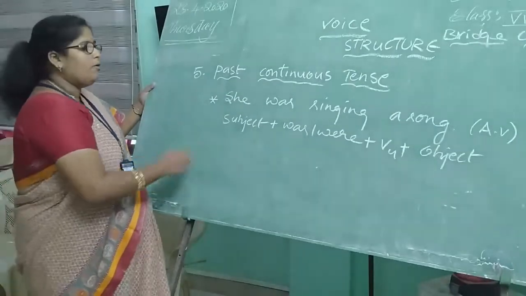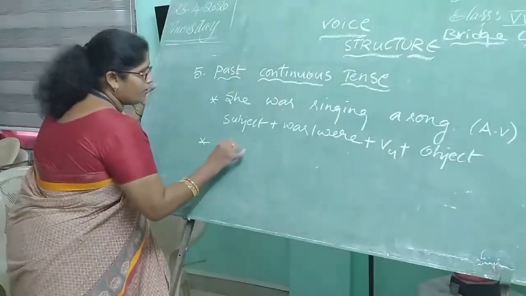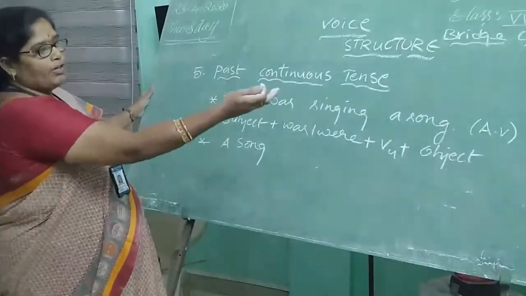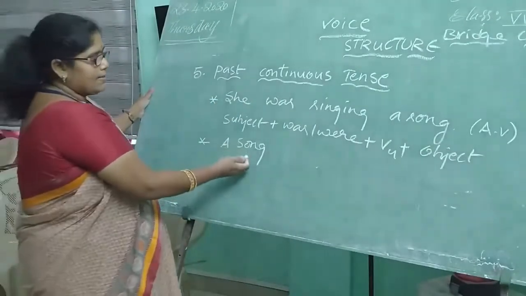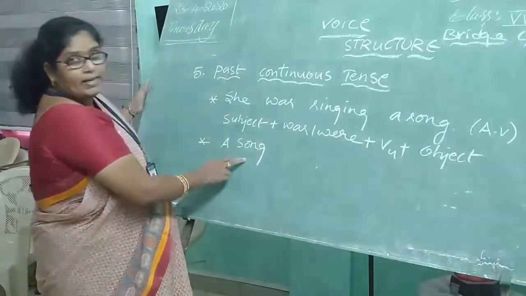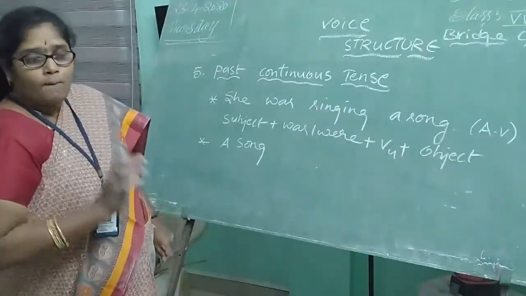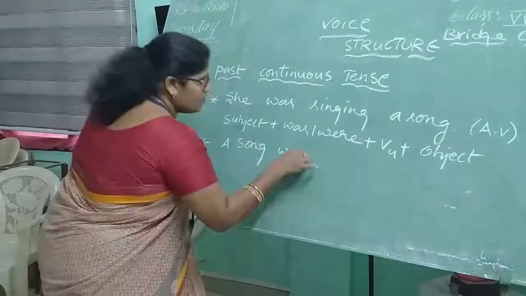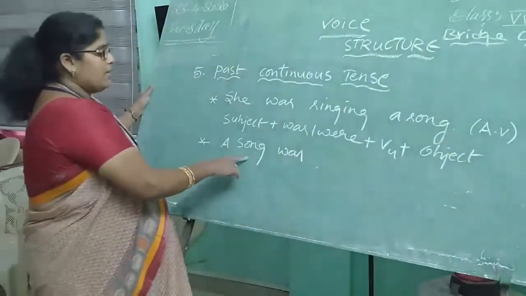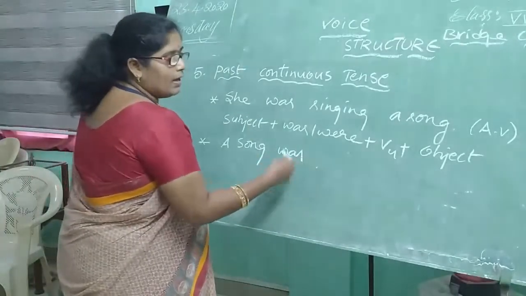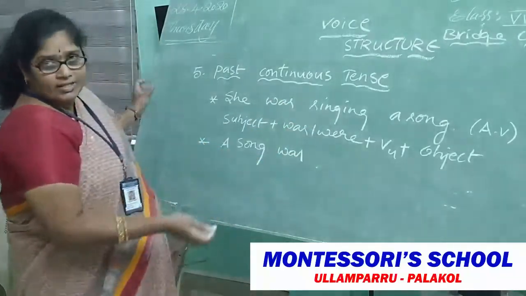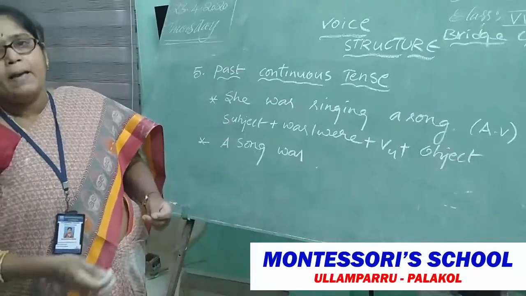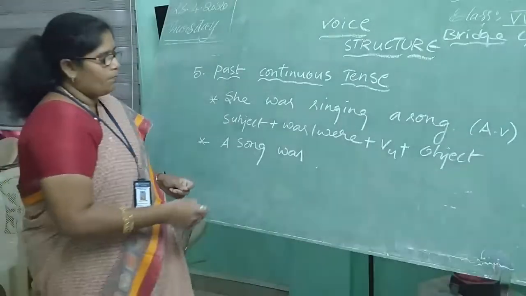Now let us change it into passive voice. A song. The object changes into subject here. A song, and song is singular, so I am taking was. A song was, and as it is continuous tense, being must be used here also.